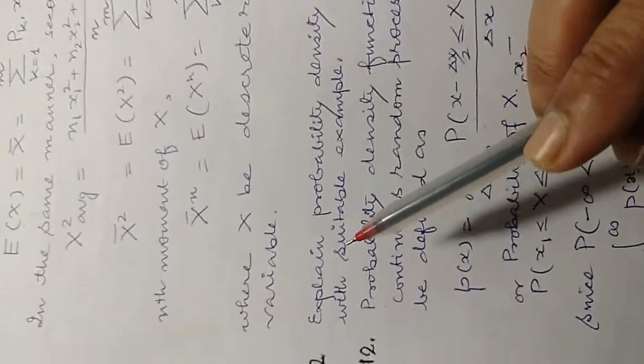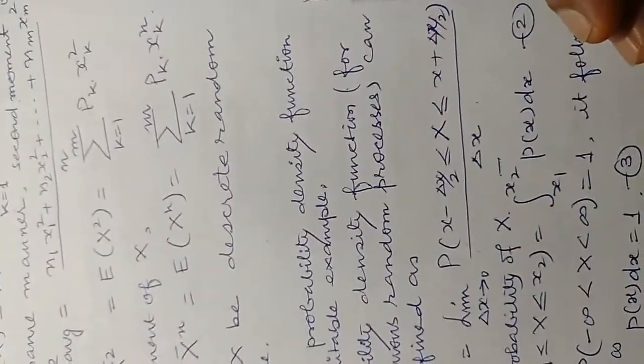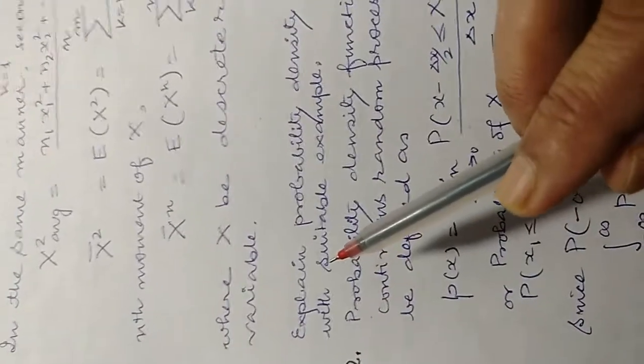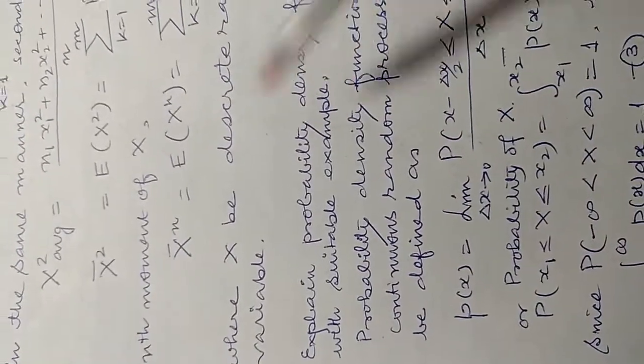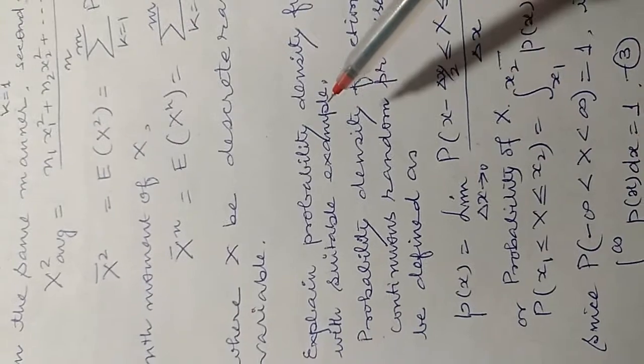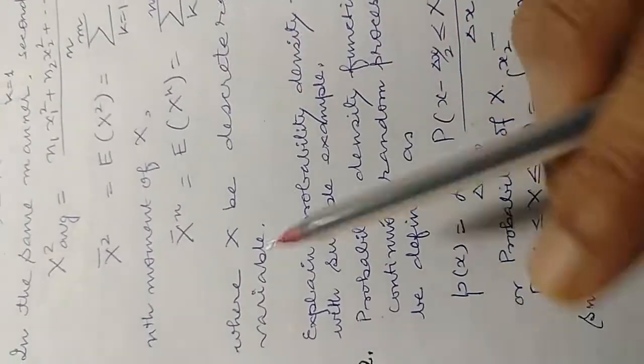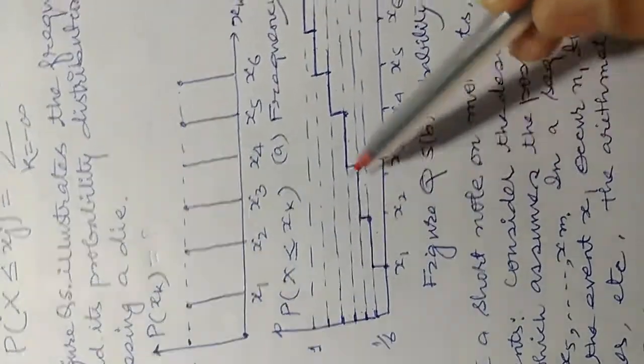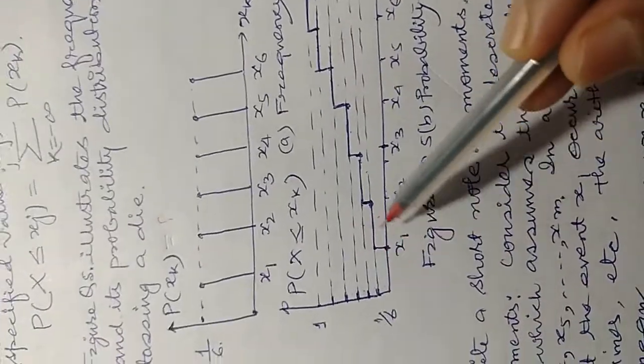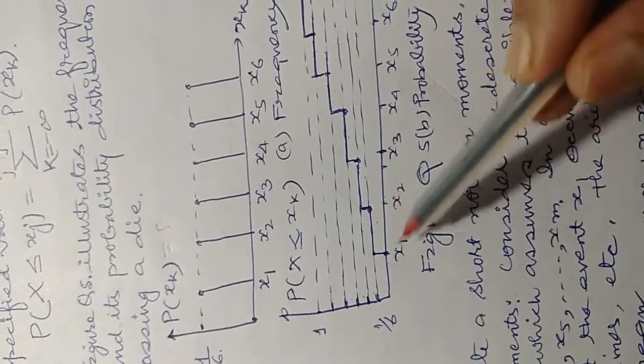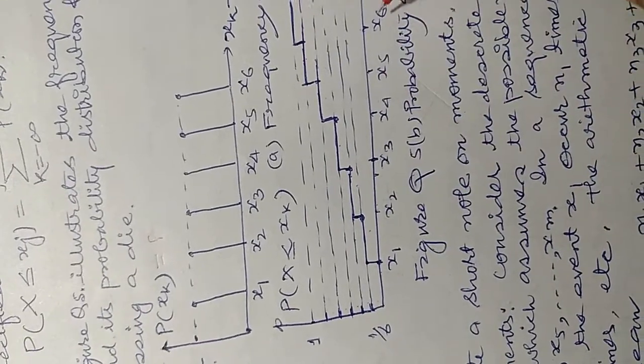Here, if you find the probability density function, we can understand it this way. The probability distribution function was for discrete variables. Here the values were discrete: x1, x2, x3, x4, x5, x6.